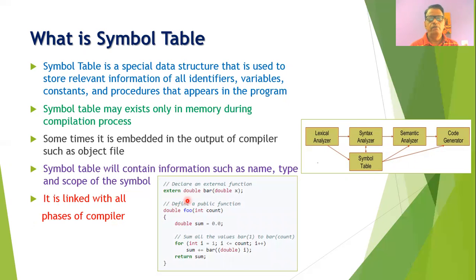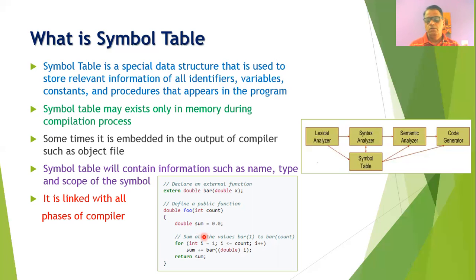So for example, we have written a short code as shown over here, which consists of different variables such as bar, x, then this function name foo, then this parameter count, then this variable sum, then this variable i.